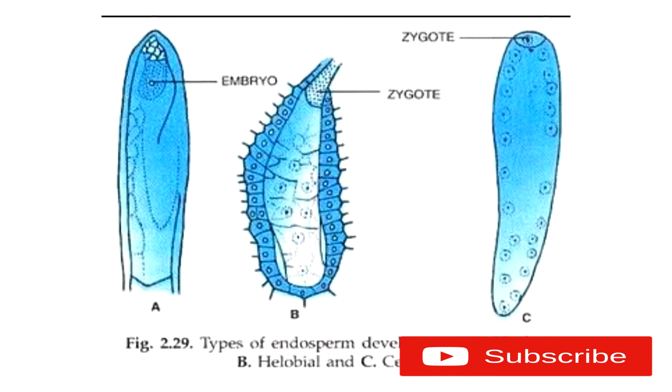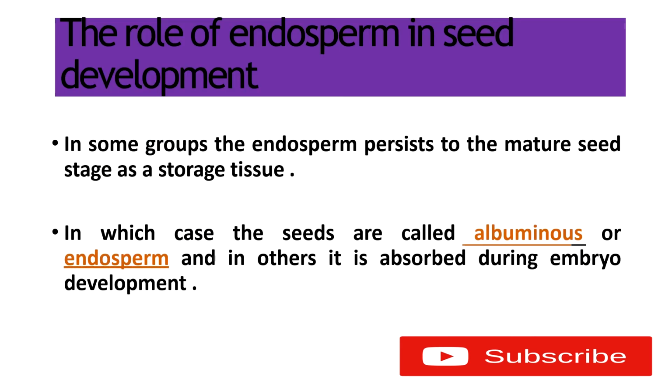The micropylar chamber is much larger than the chalazial chamber. This is the typical pattern in the case of monocots. Okay, so these are the three common types of endosperm development in angiosperm plants.